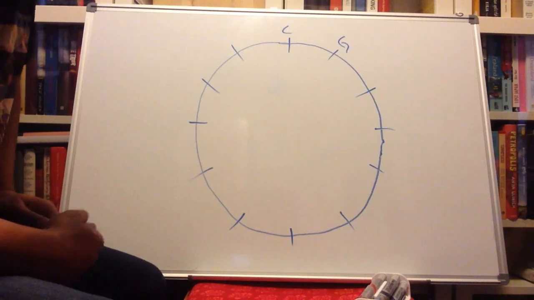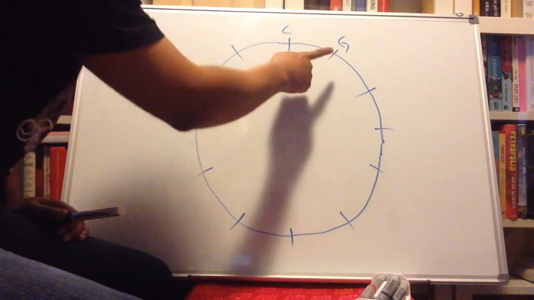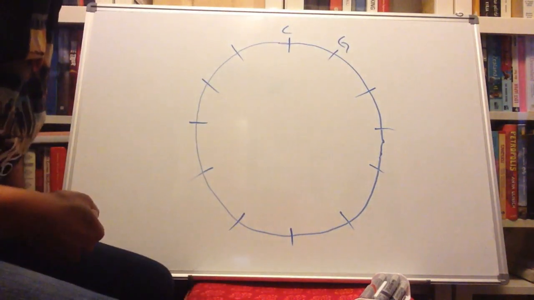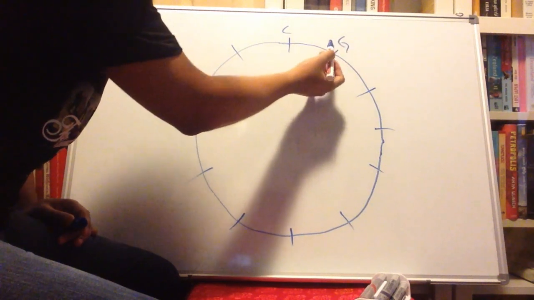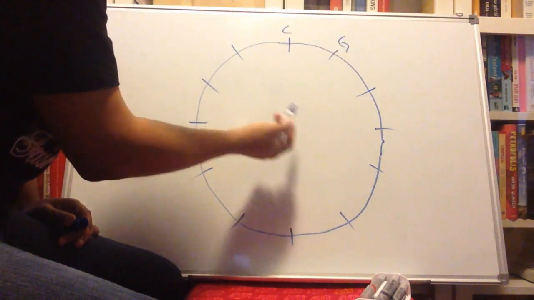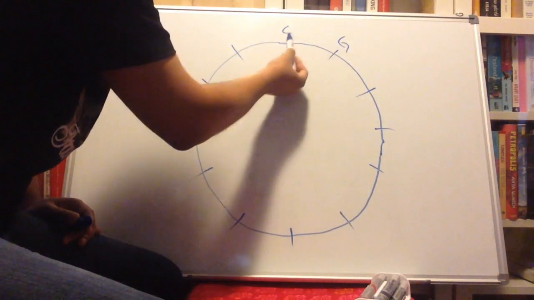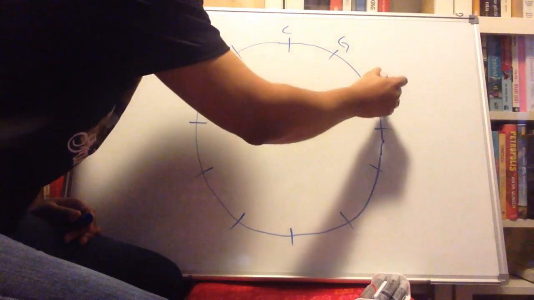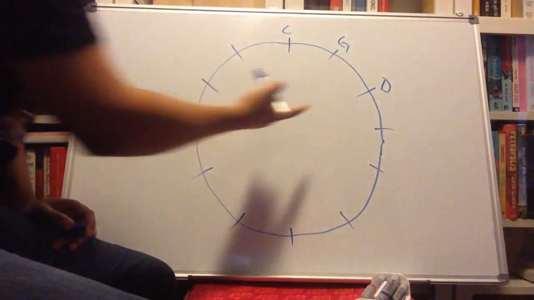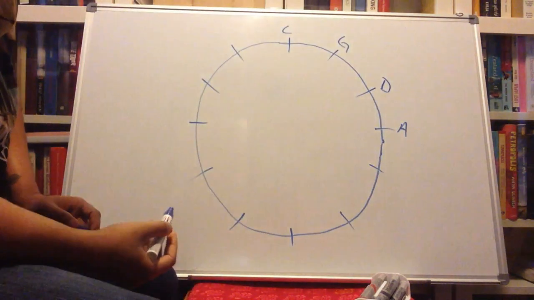But anyway, if you know what I'm talking about, the fifth of C would be G, so we put G there. Then again, what is the fifth of G? Like I said, this is built on the fifth, that's why it's called circle of fifths. So we have to put all the fifths around. Fifth of C would be G, fifth of G would be D, fifth of D would be A, right?